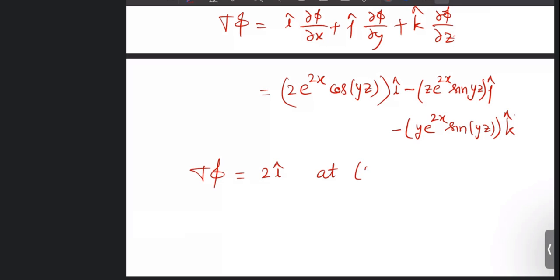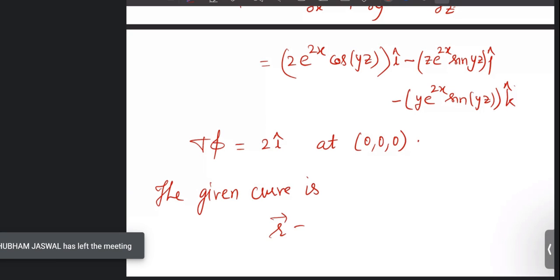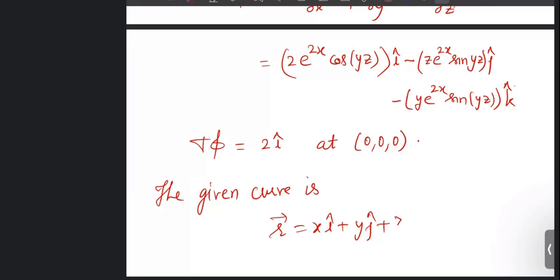Now the second thing is to determine the direction in which directional derivative is to be determined. So the given curve is r is equal to xi plus yj plus zk.